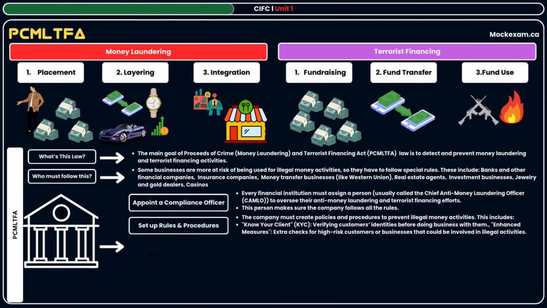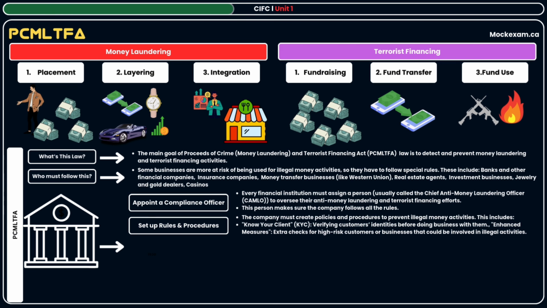These include know your client. We will dive a lot deeper into know your client, verifying customers' identities before doing any transaction or business with them, and enhanced measures, I mean, extra checks for high risk customers or businesses that could be involved in illegal activities. So these are customized for each financial institution out there.